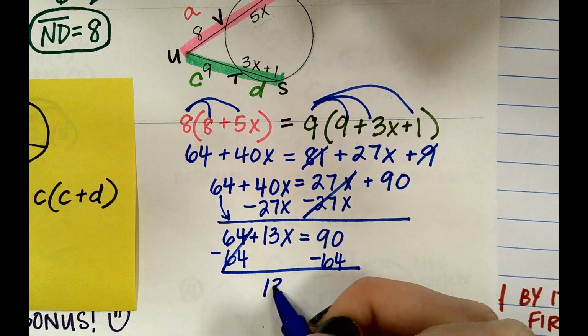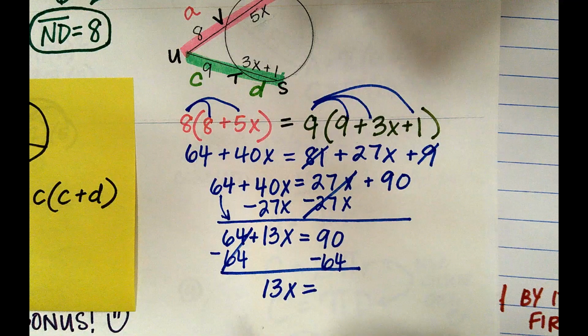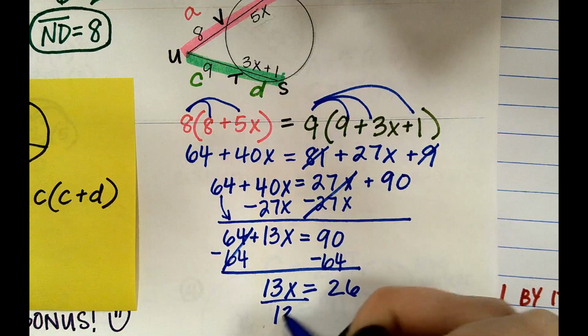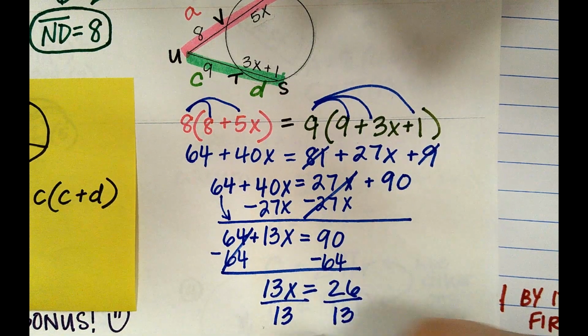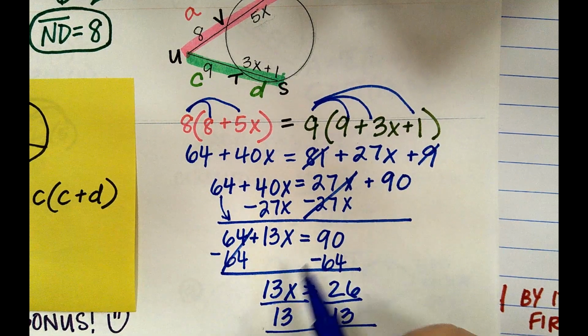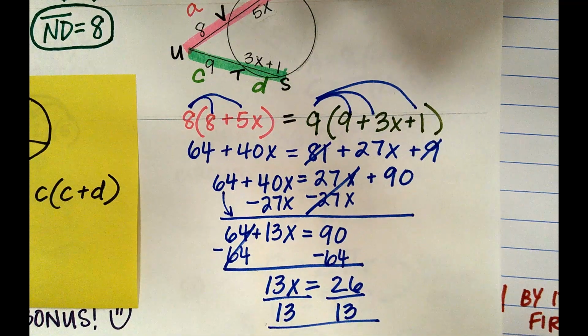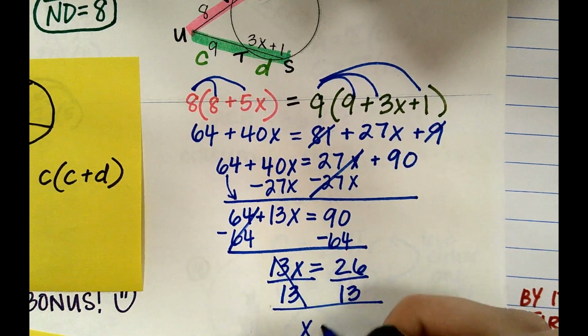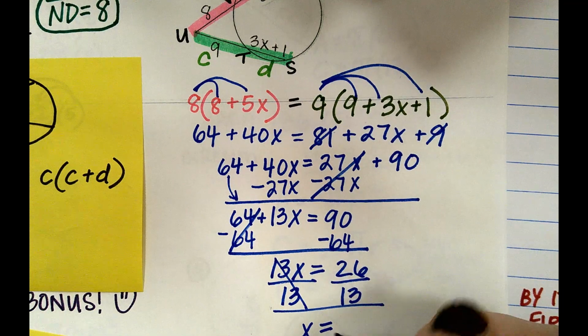That gives you 13x equals 26. Okay, 90 minus 64 is 26. Divide by 13. Yeah, x equals 2. Good. So we're just following the normal process of solving an equation, and we get x equals 2.